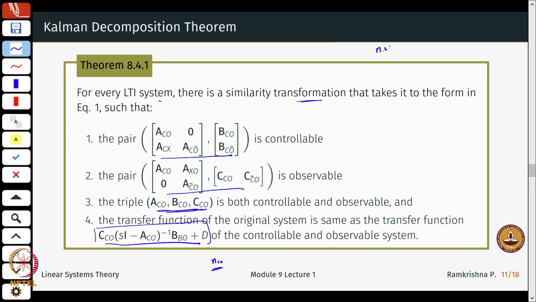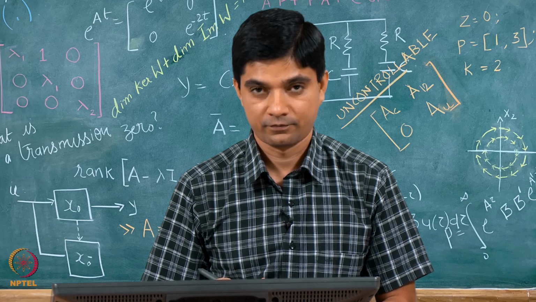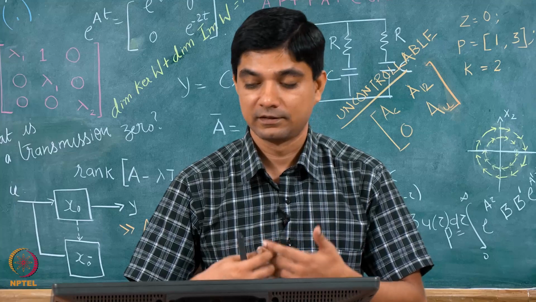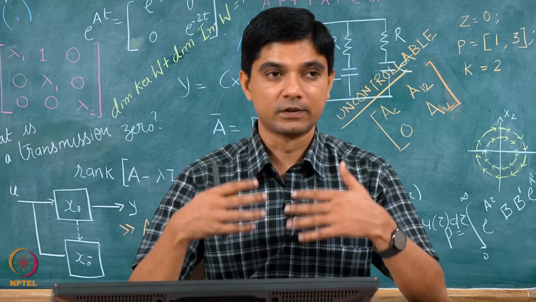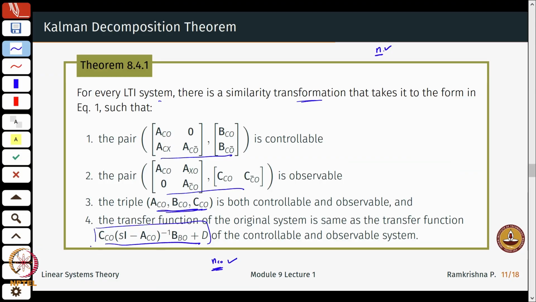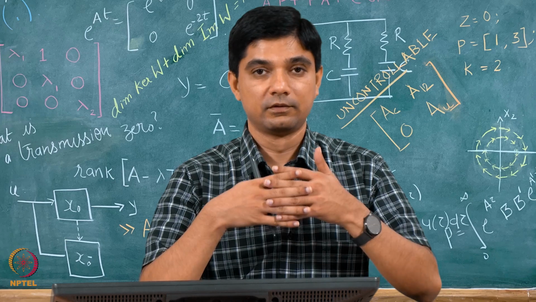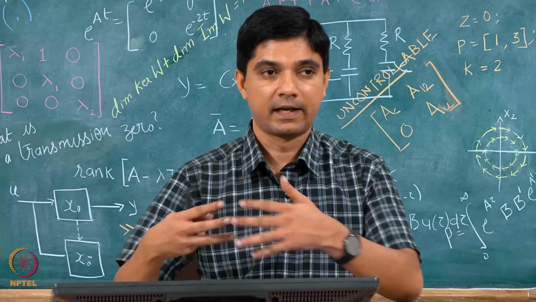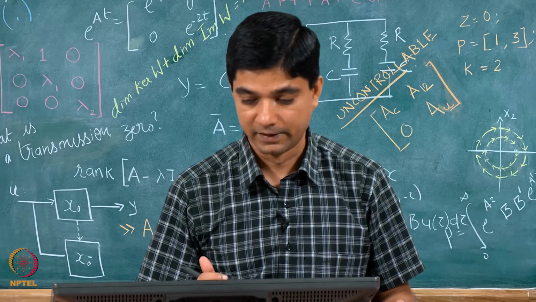This is also a state space representation of the system, and I can go back from this transformation and still derive a state space representation of the system, and both are the same. Even though here you define n states, here you will define only n c naught states. Now, we will see how to actually get to a system which shows me only the controllable and the observable form and just discards the remaining parts.